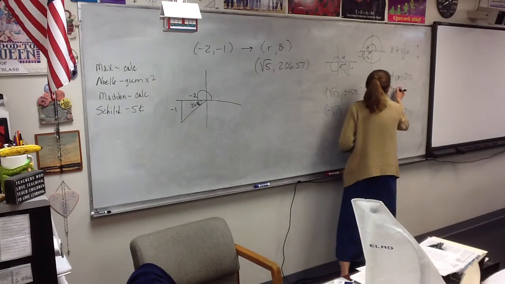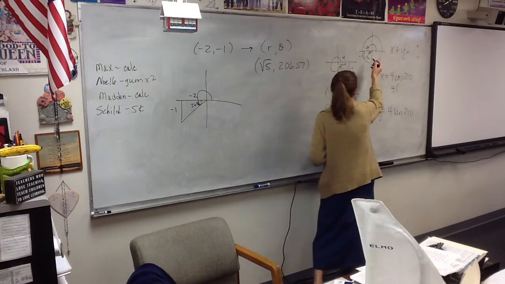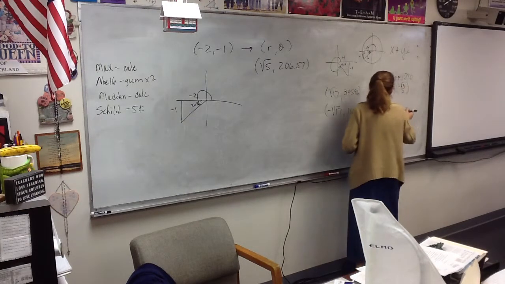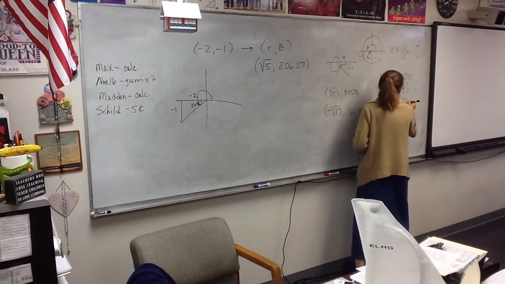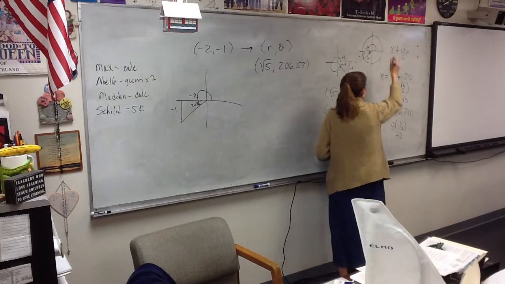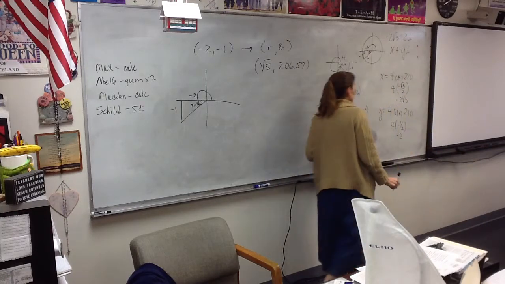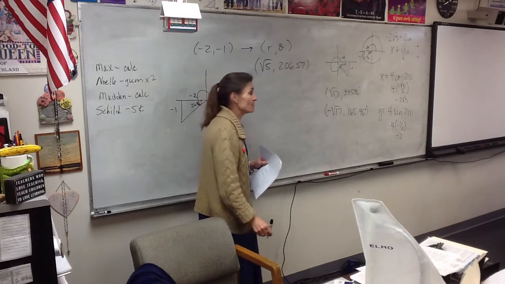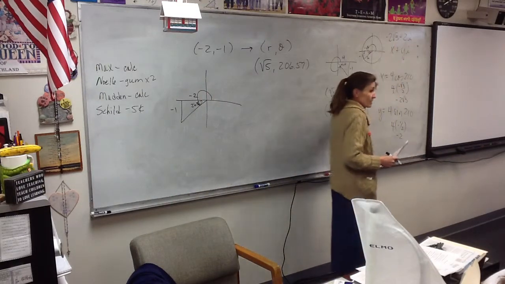So what's the cosine? Again, if we're doing this with no calculator, you need to be able to do this. Negative √3/2. What's the sine? Negative 1/2. So this would give me negative 2√3, and this would give me negative 2. So my answer is negative 2√3 minus 2i. Obviously, if you typed it in on your calculator, you get some decimal.